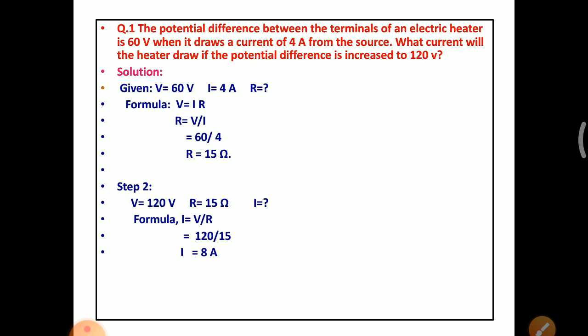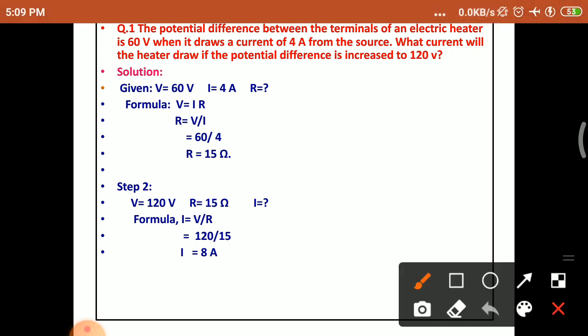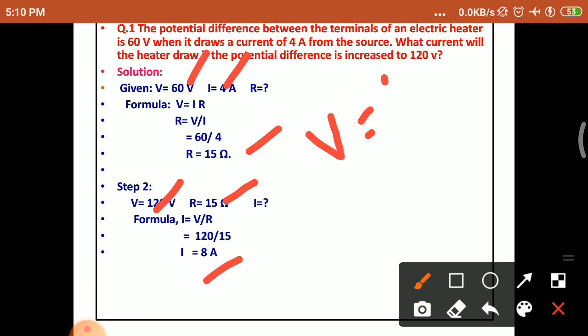And the value of I is 8 ampere. So see here, the R is the same in two cases. The voltage is different and the current is also different. In the first case V equal to 60, I equal to 4.